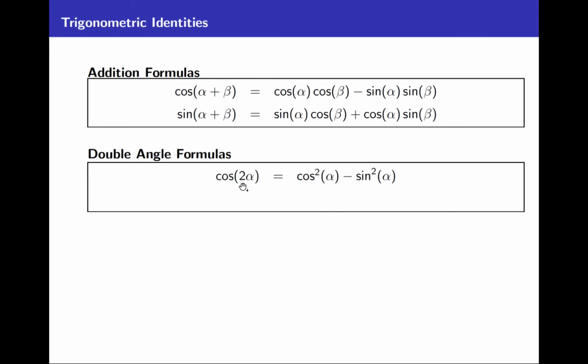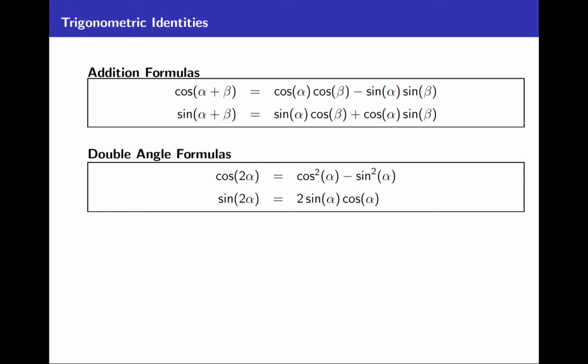So this double angle formula, which gives you the cosine of the double of alpha, really just comes from the addition formula for cosine. And doing the same thing for sine, sine of alpha plus alpha, that would be sine of 2 alpha, would be sine of alpha cosine of alpha plus cosine of alpha sine of alpha. And that works out to sine of 2 alpha equals 2 sine of alpha cosine of alpha.